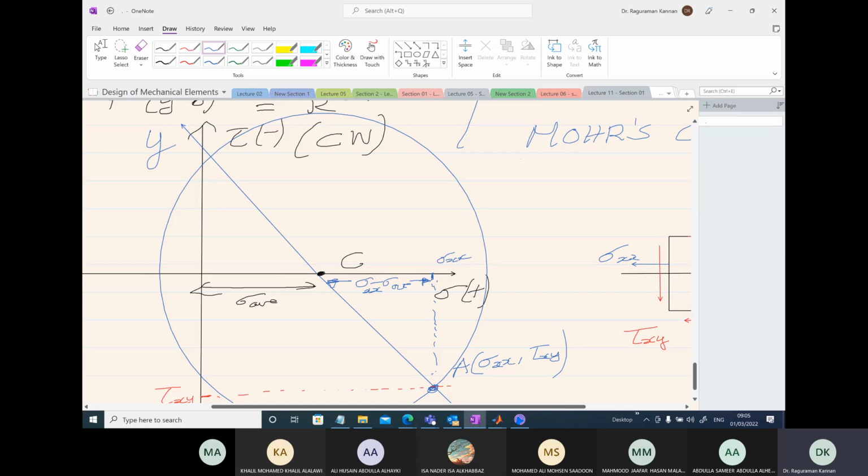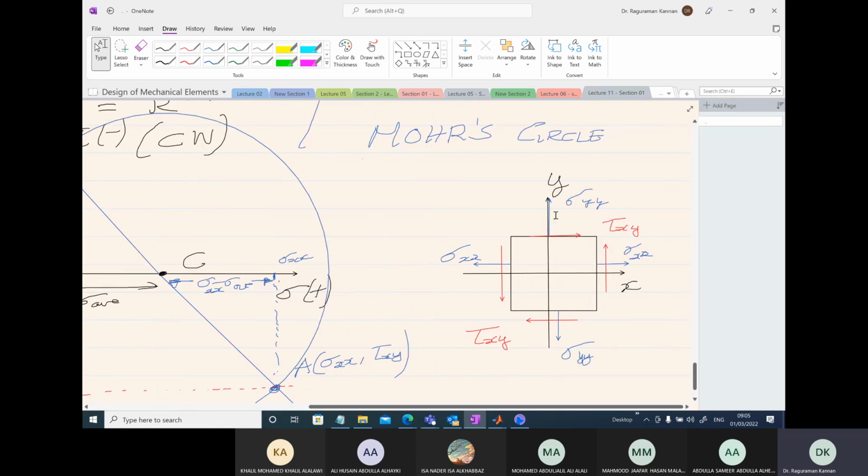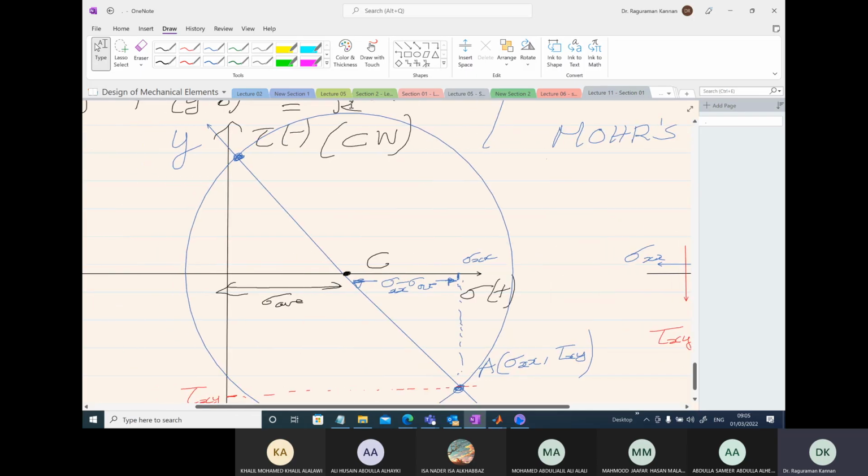The intersection point between the Mohr circle and y-axis will be the coordinates given by the stress components on the plane perpendicular to the positive side of the y-axis. So here we can see the shear stress is clockwise, therefore it becomes negative, and in the Mohr circle, clockwise, we are seeing the shear stress on the y-axis is automatically negative.